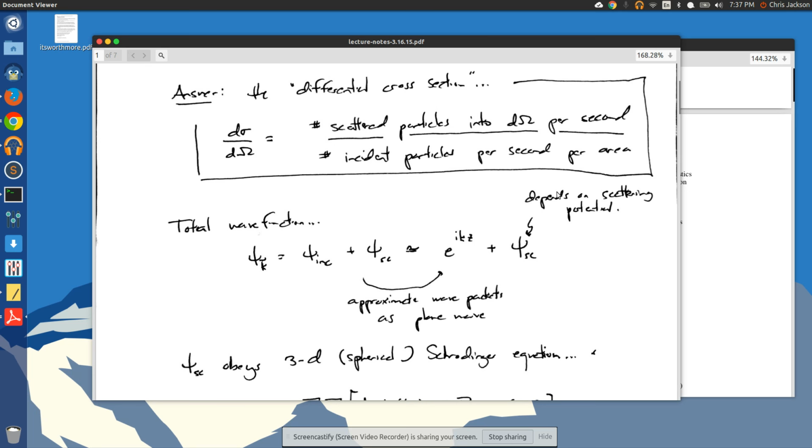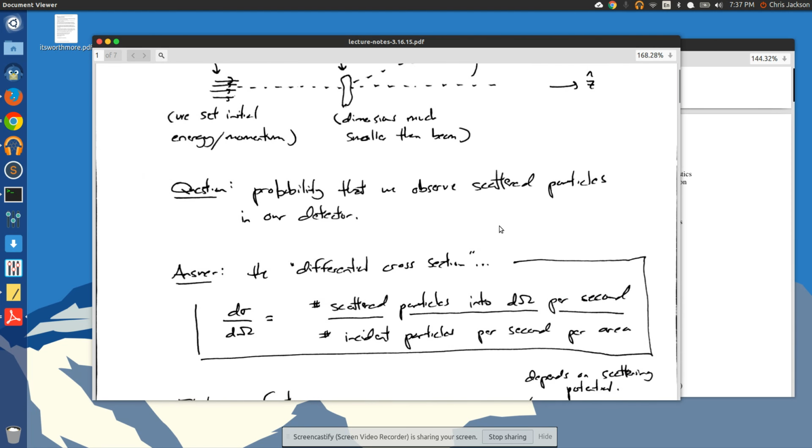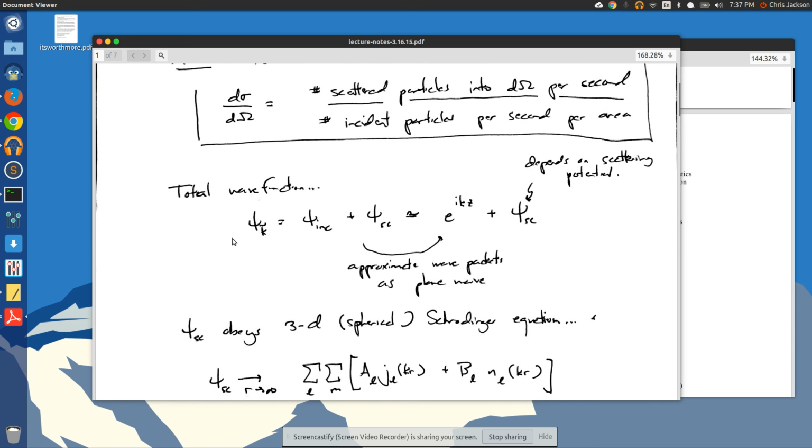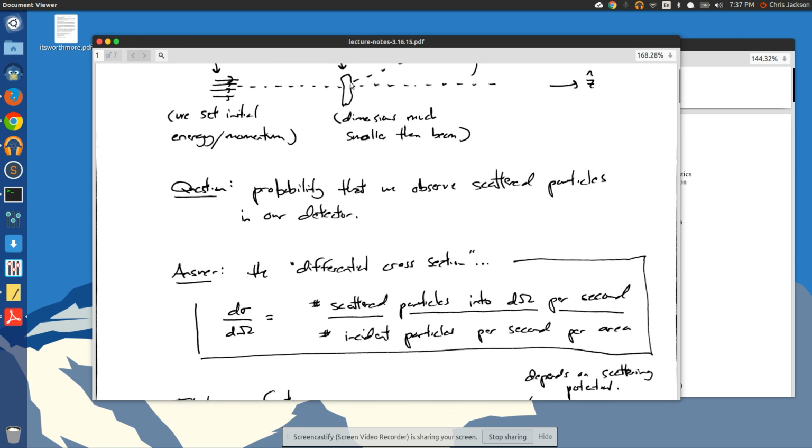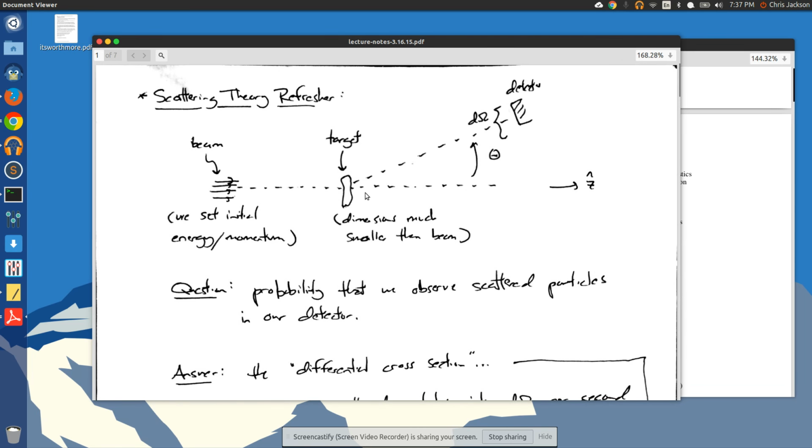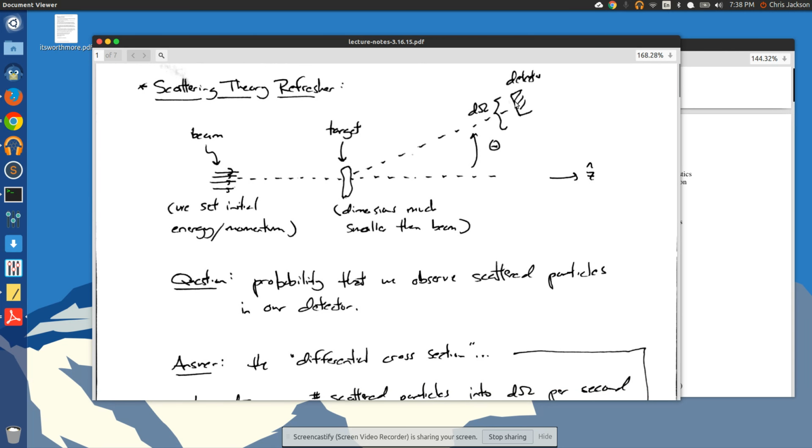Okay, so that's our setup, and typically what we do is we start by writing down the wave function, and we assume that the incident wave function is a plane wave. We can approximate it as a plane wave because of the smallness of the scattering potential compared to these distances where our gun is, or where our detector is.